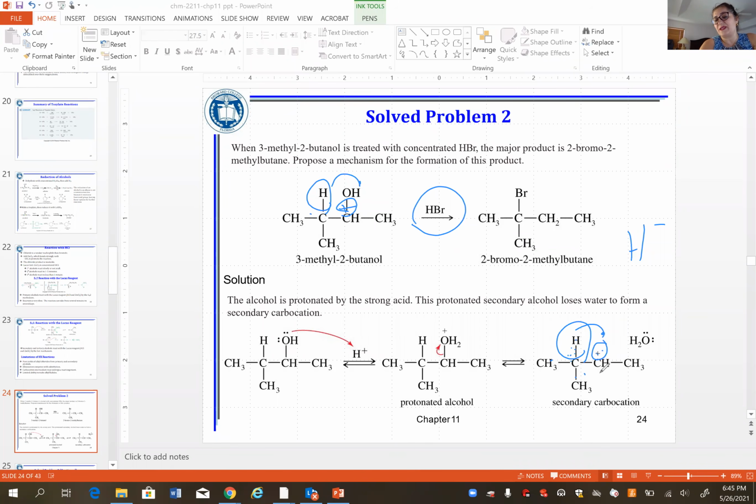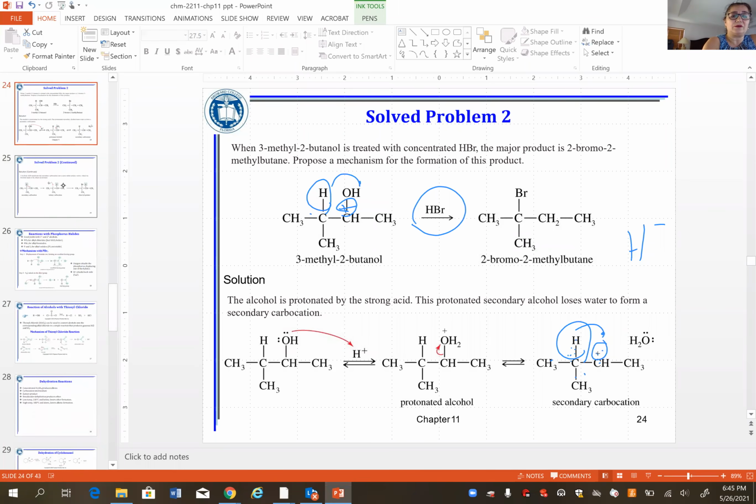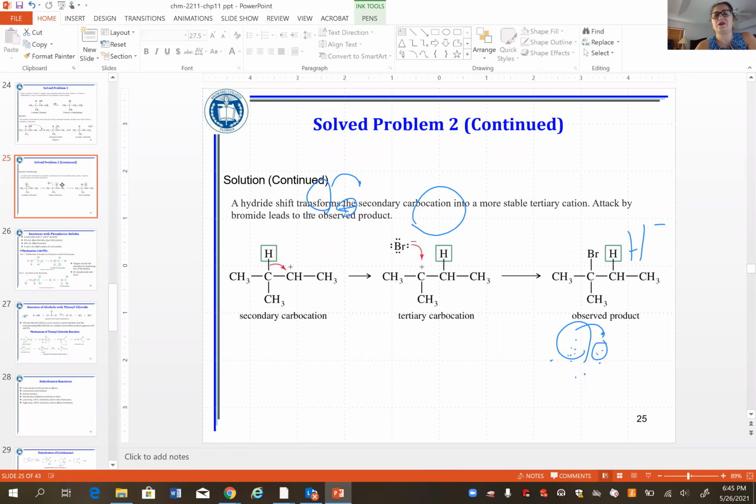The benefit is going from secondary to tertiary. So there's always a chance for rearrangement with the Lucas reagent, or in the formation of an alkyl halide from the alcohol. There's the rearranged product that we have here.